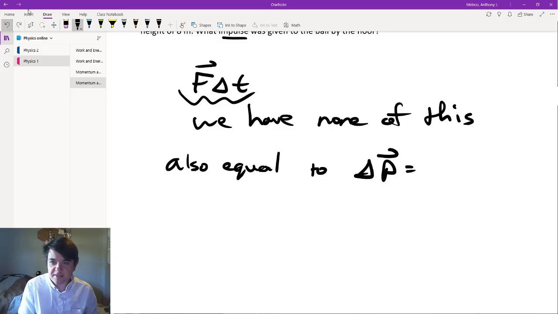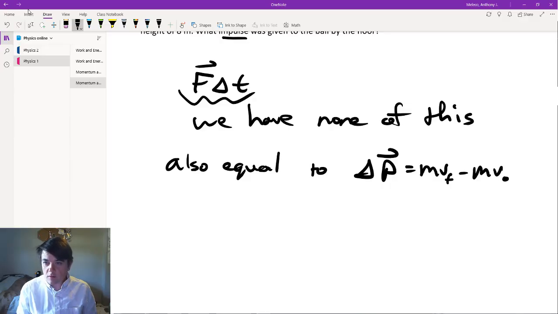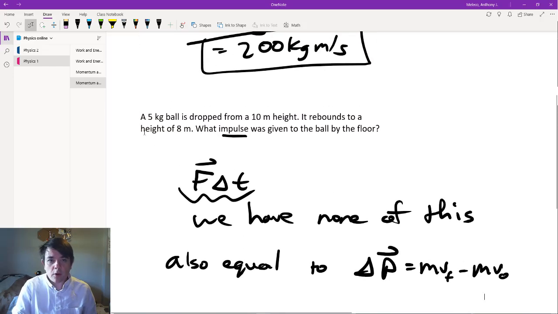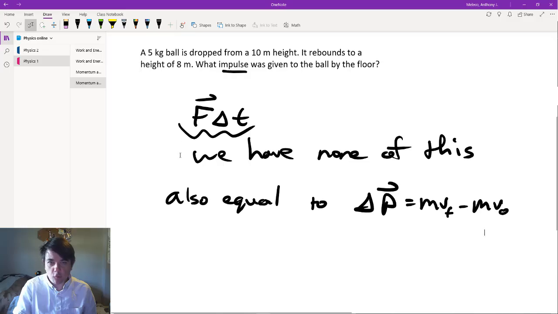It's just the mass of the ball finally, minus the initial. So if we want to figure out the change in momentum, which is the impulse, we need to figure out the velocity before and after.